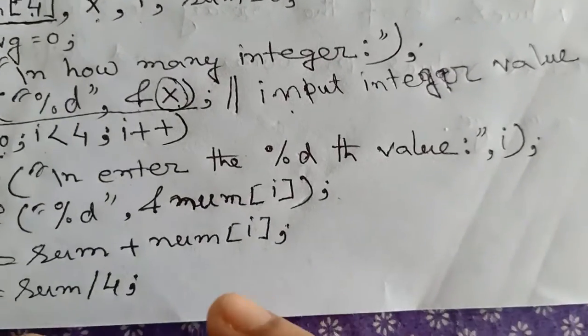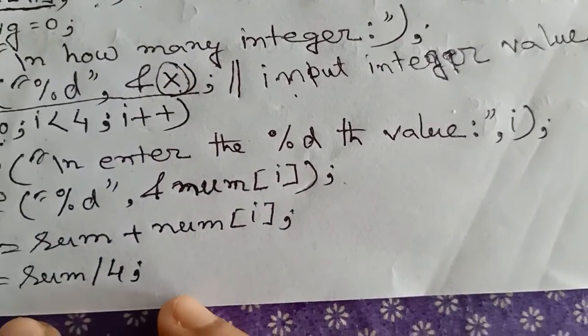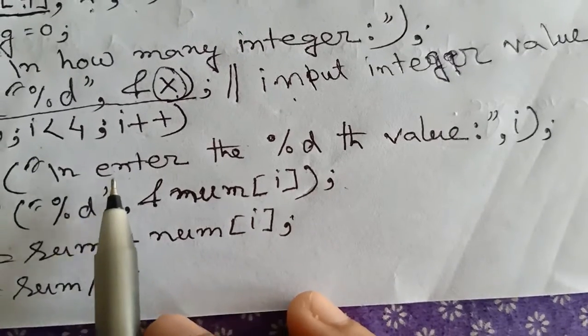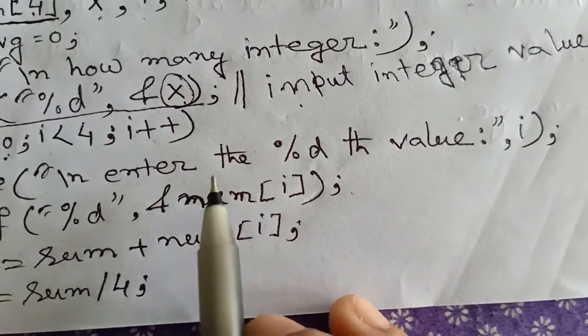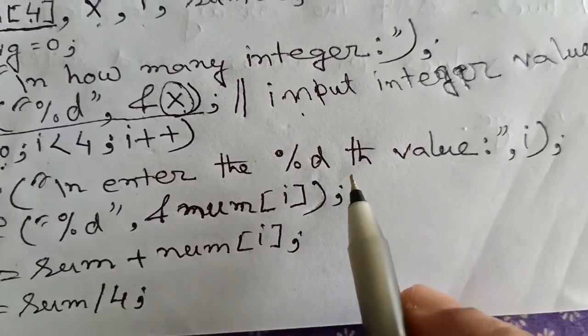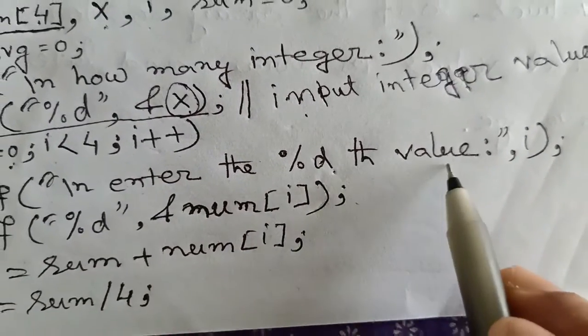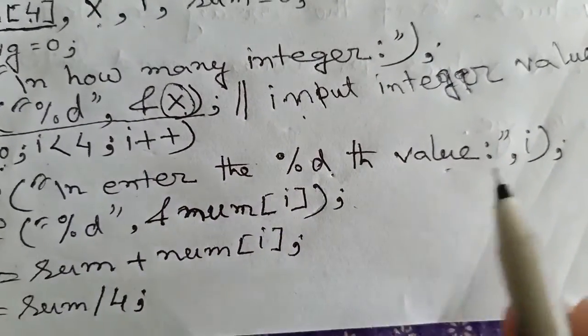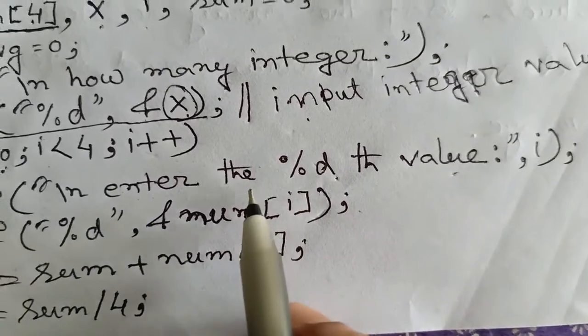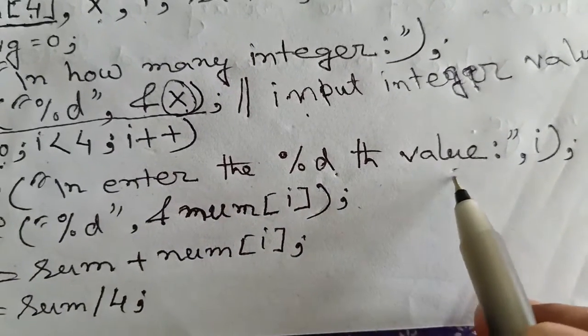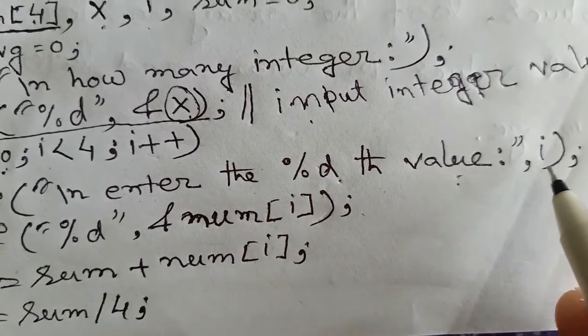So next we use printf here and show the entered value at which position. That's why we mention here "enter the %dth value", comma i.